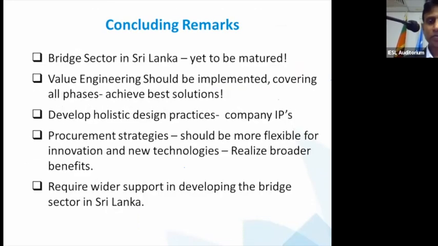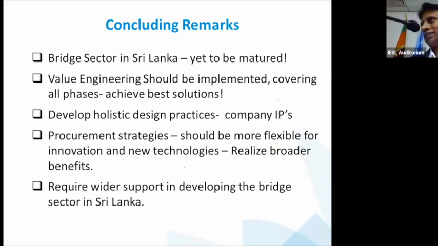Okay, let me wrap up with some of my concepts now. This is my personal view. I feel that there are areas we can still develop in the bridge sector in Sri Lanka, knowing both sides of the spectrum.